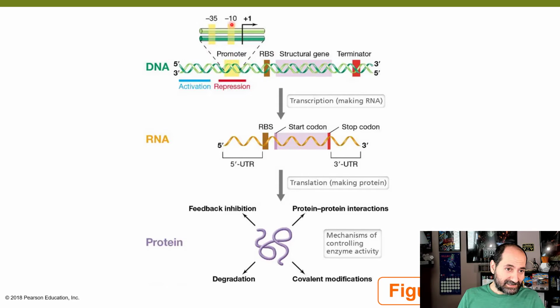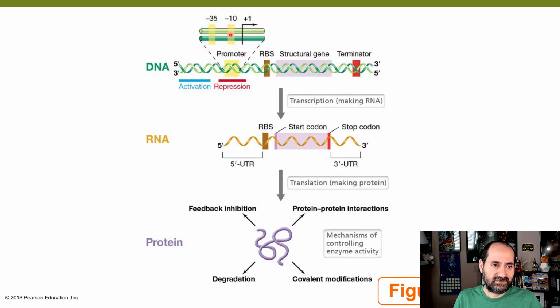And at the -10 and -35 sequences, you have these consensus sequences. Consensus sequences are recognized by the RNA polymerase. Remember the enzyme that conducts transcription, RNA polymerase, recognizes the -10 and the -35 sequences because there are consensus sequences on there.